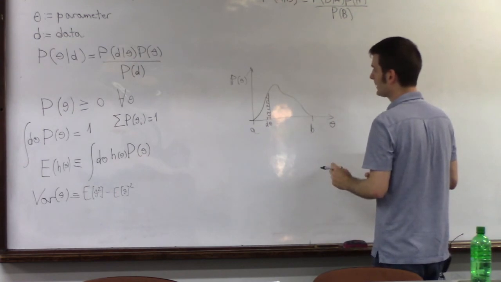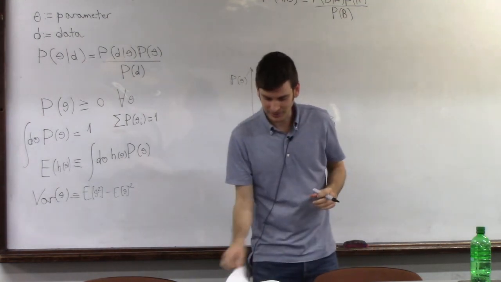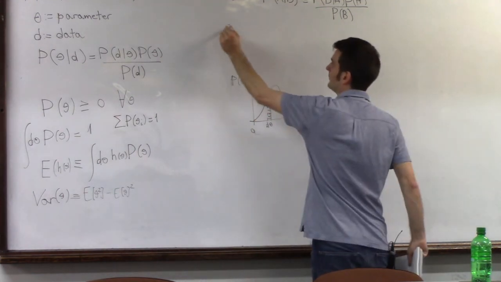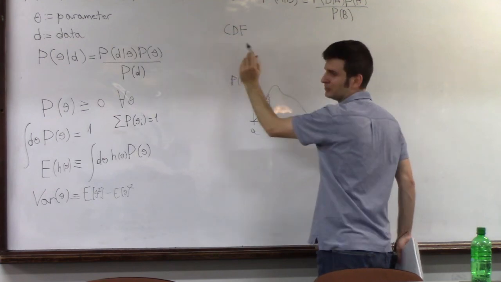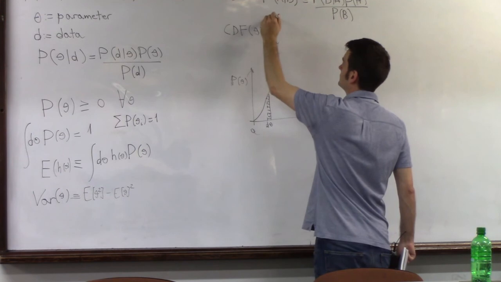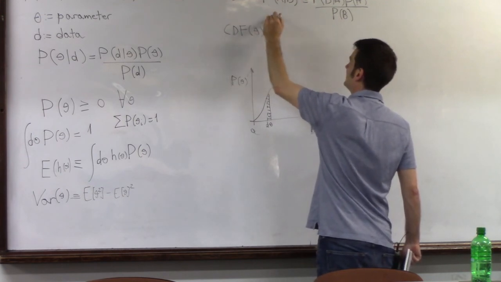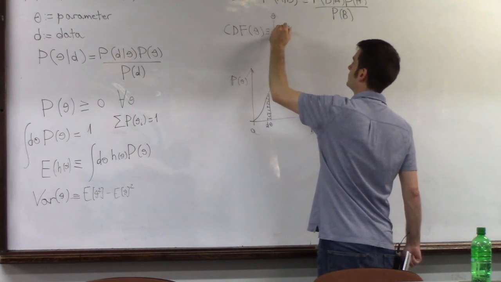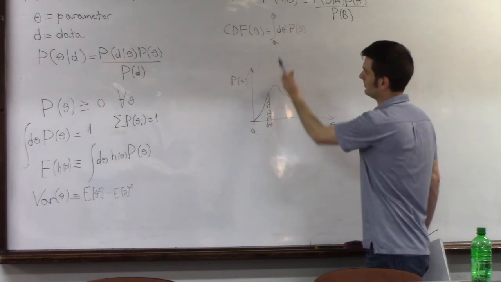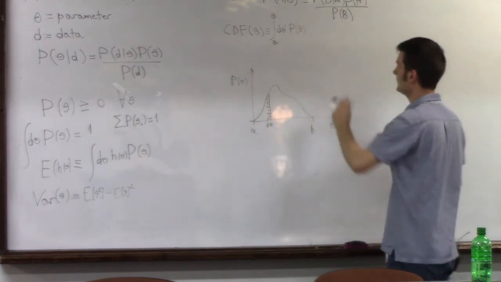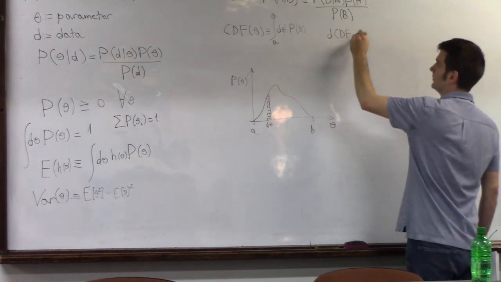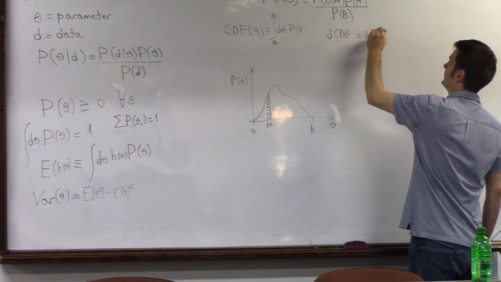Now, I'm going to point out that if we consider the cumulative distribution function, which is defined as the integral of the distribution function from the lower bound to a point theta, and then I differentiate that, that is d theta p of theta.